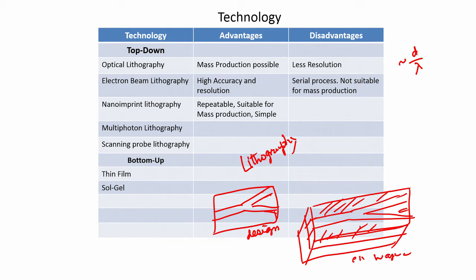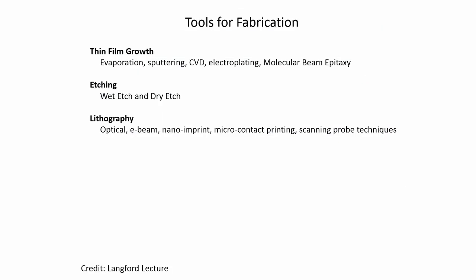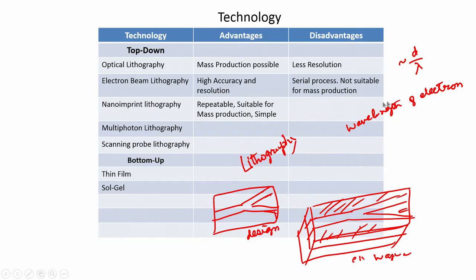Similarly, we can use electron beams as a lithographic tool, and the process is called electron beam lithography. Instead of using light waves, you use electron beams, and you can find out the energies of the electron beams and their operating wavelengths, the wavelength of the electron. It is also known that electrons can be considered as waves, and we can define a wavelength for an electron based on the energy of the electron beam.